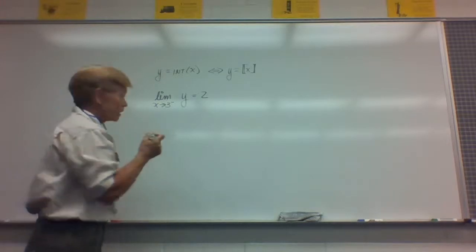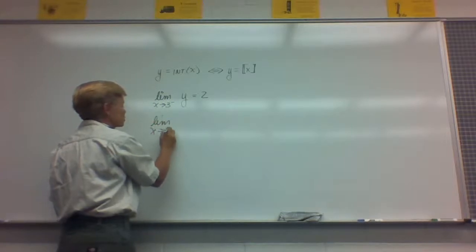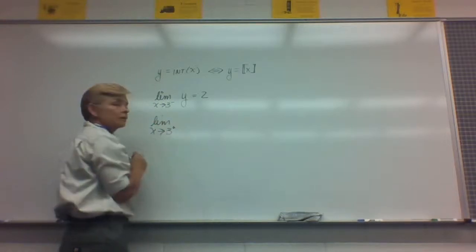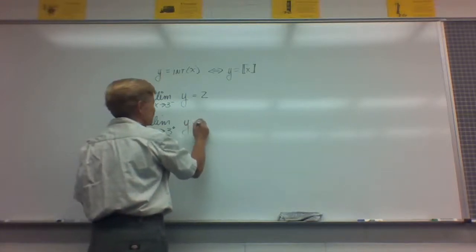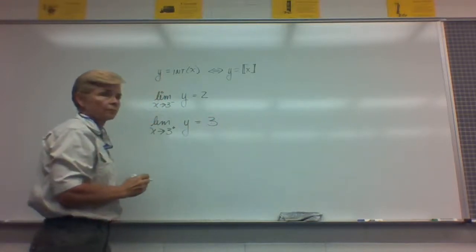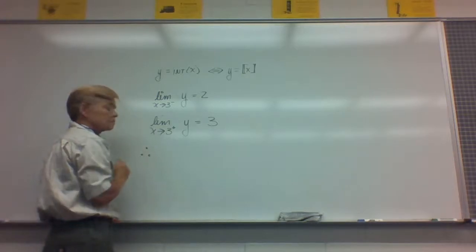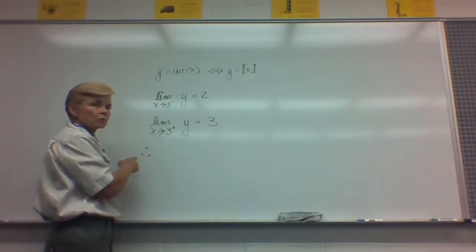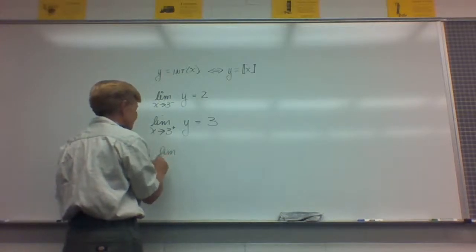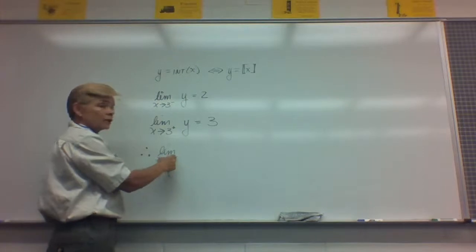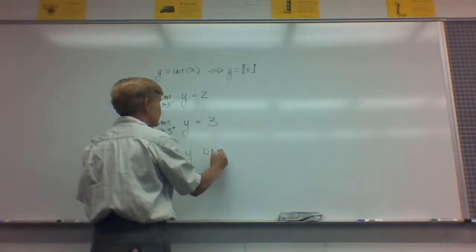Yeah. And then we would indicate this. We would say the limit as x approaches 3 from the right of 3, put a plus sign there, of y is 3. Therefore, the limit as x approaches 3, not right or left, but just approaches 3 of y does not exist.